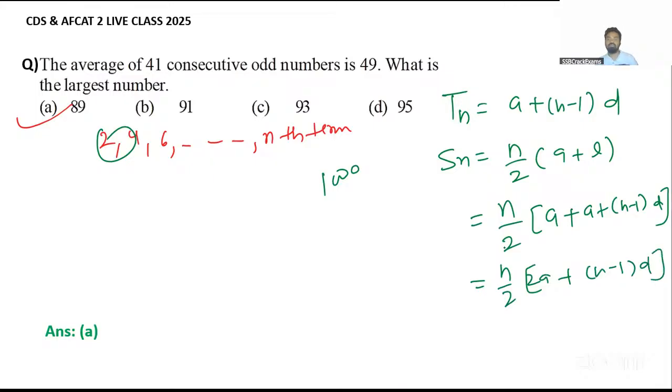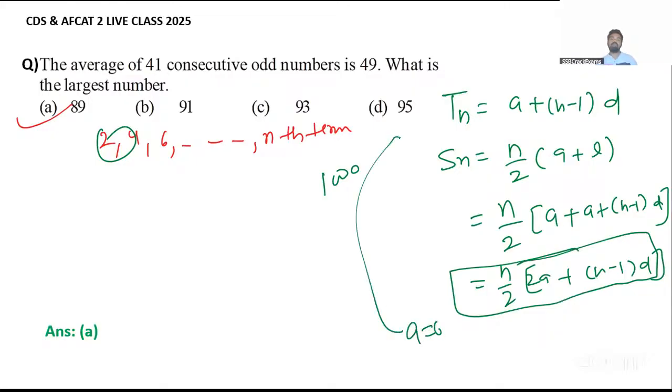First I use this formula to find the value of a. Once I find a, I use this formula to find the largest number, which is the last number. Obviously, the last number will be the largest in an AP when the AP is increasing.